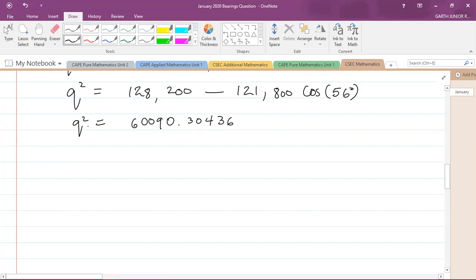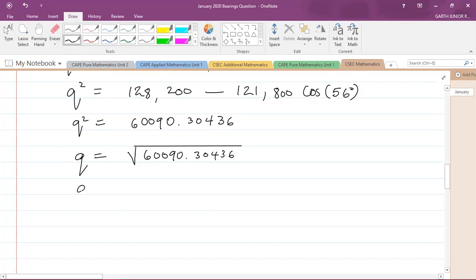If I want q, I would have to take the square root on both sides of the equation. So q is equal to the positive root of 60,090.30436. That is what we have.